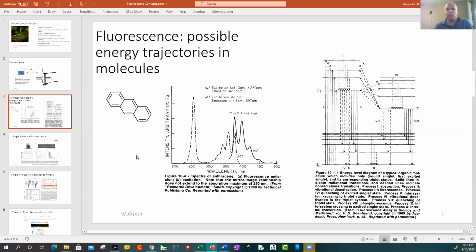And then you would simply scan the excitation monochromator over these peaks.